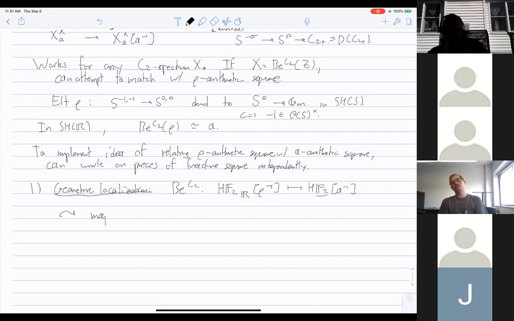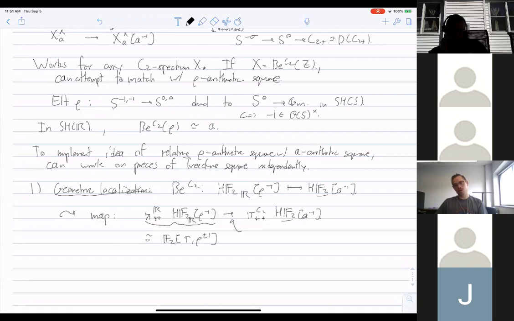That furnishes a map from the bigraded real motivic homotopy of HF2 rho inverse to the C2 equivariant homotopy of HF2 A inverse. The bigraded homotopy on the left-hand side is easily calculated. I'm just inverting rho at the level of homotopy groups. So that's just F2 adjoin tau, rho plus or minus 1.